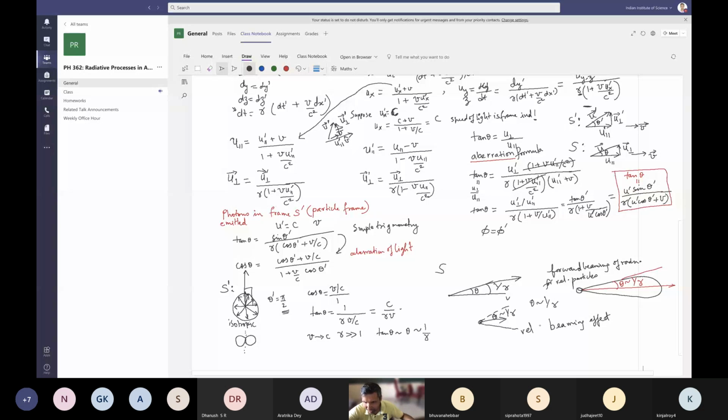Relativistic beaming effect. Has anyone looked at the Event Horizon Telescope black hole images? The initial one, yes, sir. So you see that some portions of it are brighter than the others.